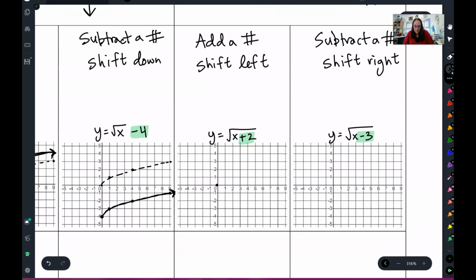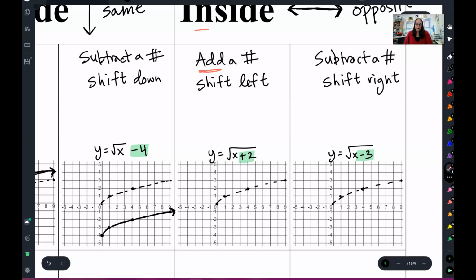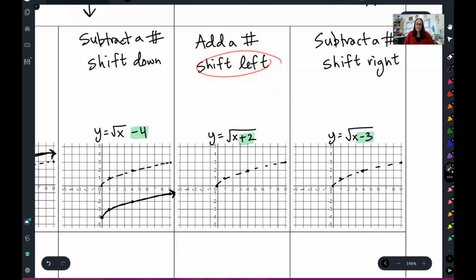So here I'm going to draw my original parent function in dashed lines on both of these again. Okay, this is adding 2 on the inside. So adding on the inside means I'm going to shift the entire graph left.